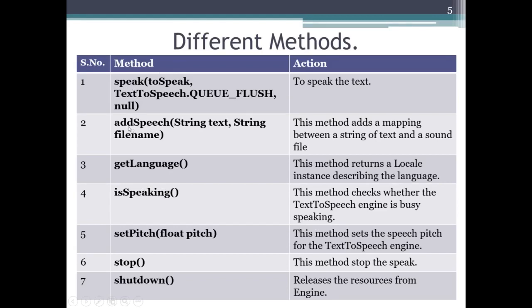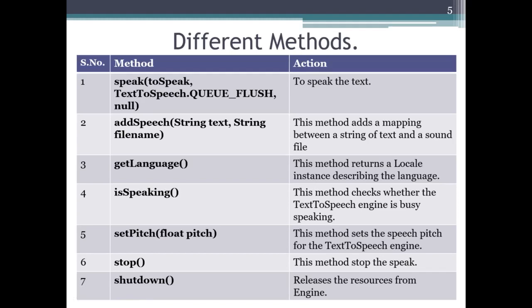There are methods like add speech, where a text string is mapped onto a sound file. Get language, which tells you which language is spoken. Another very important one is set pitch, which sets the pitch of the speech.